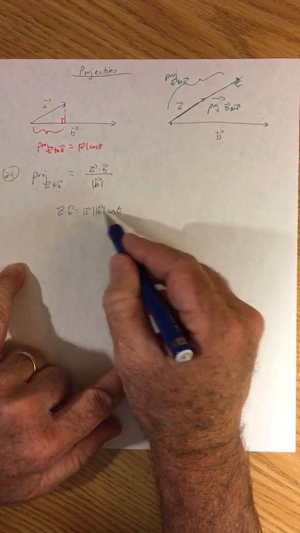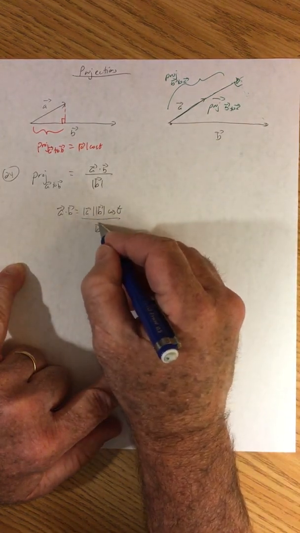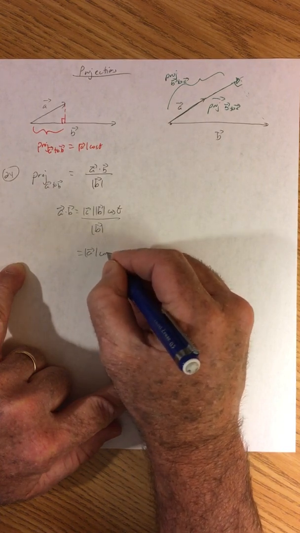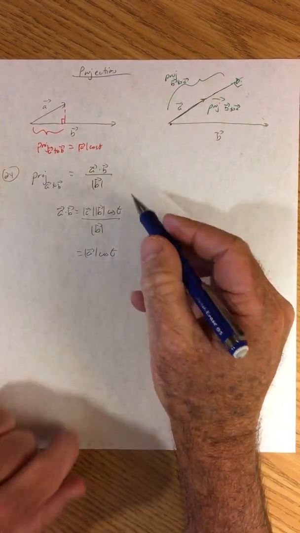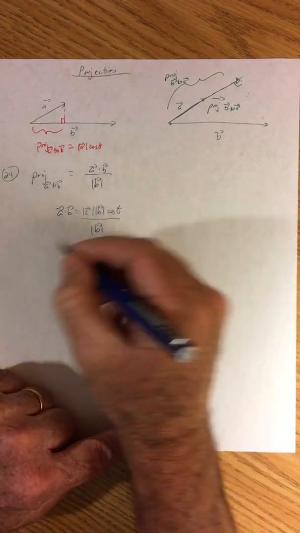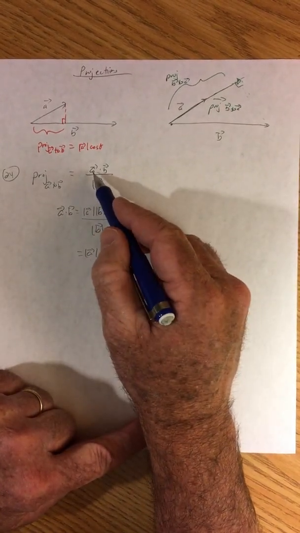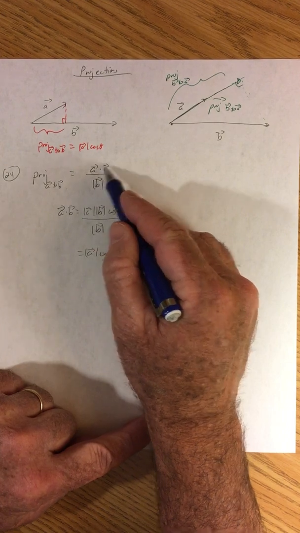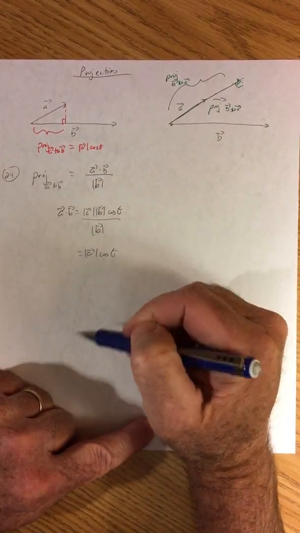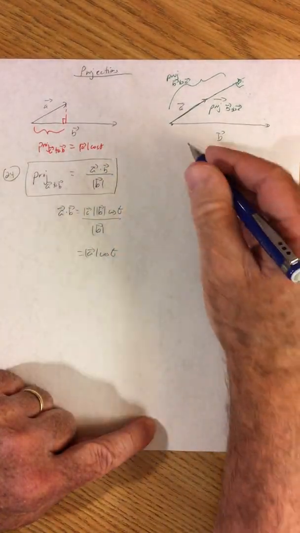To make that look like A cosine theta, I divide by magnitude B, and I have A cosine theta. So the projection of A to B is the dot product divided by the magnitude of B. That's why this is valid.